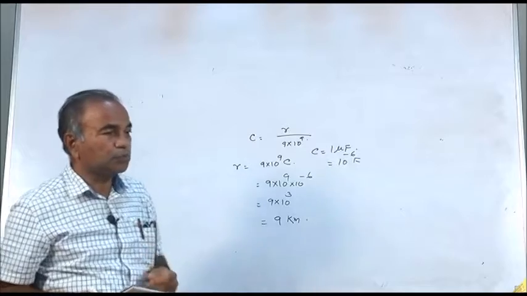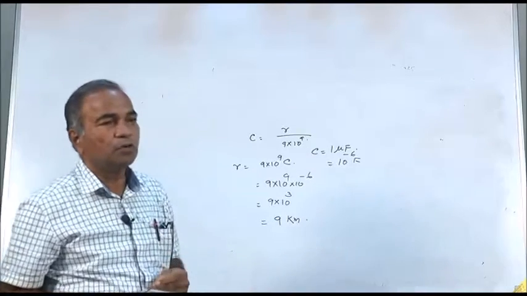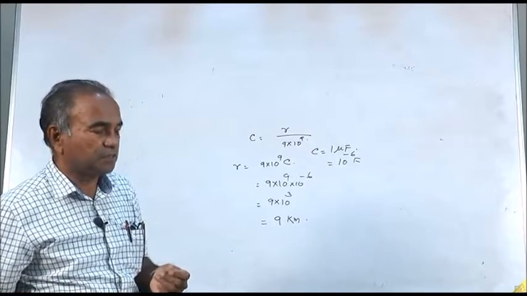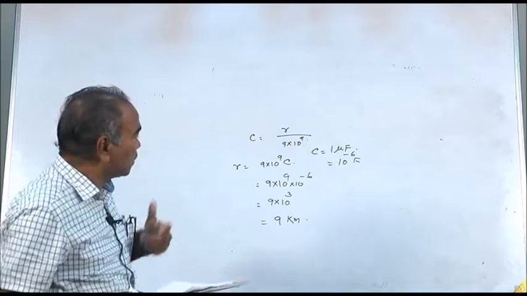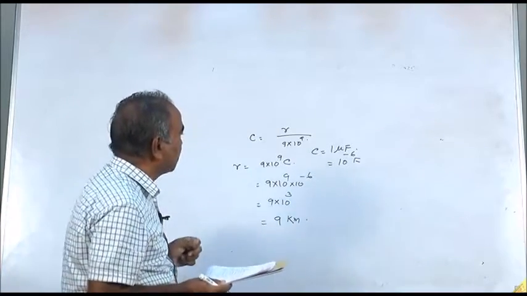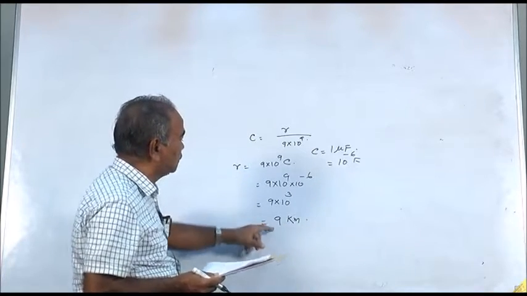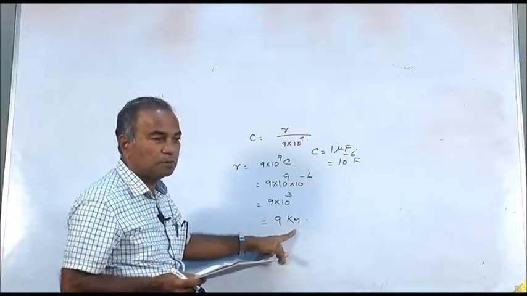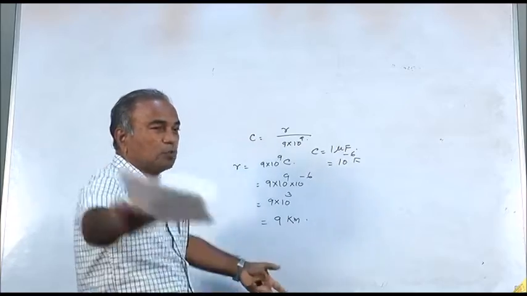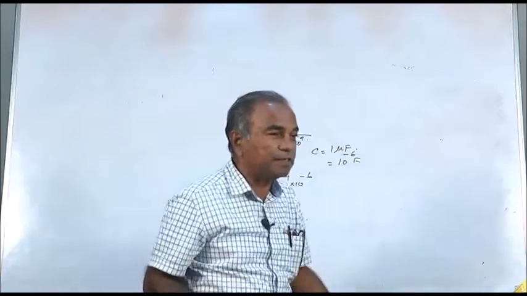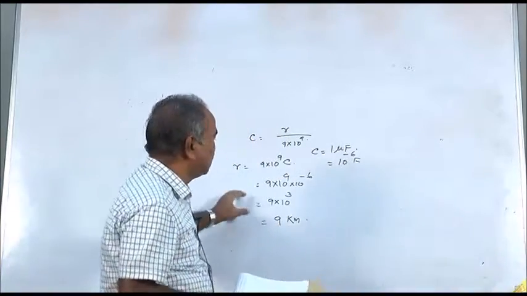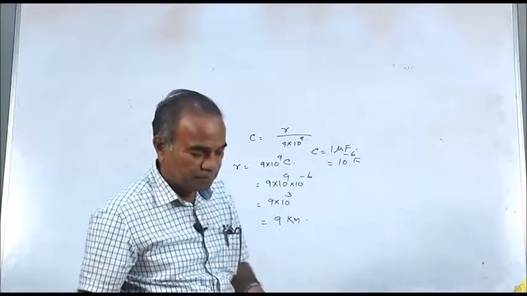So, in radio sets we use a capacitor of capacity 1 microfarad, and if you take a spherical conductor of that capacity, its radius must be 9 kilometer. It is so big that you cannot accommodate it in a radio set.